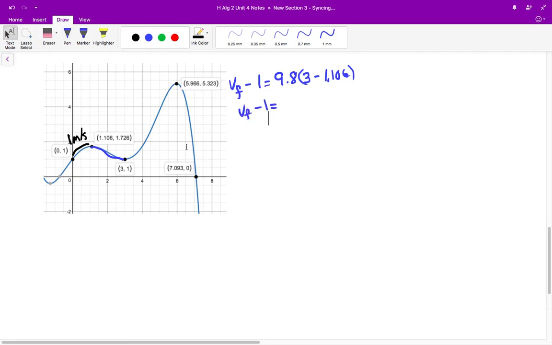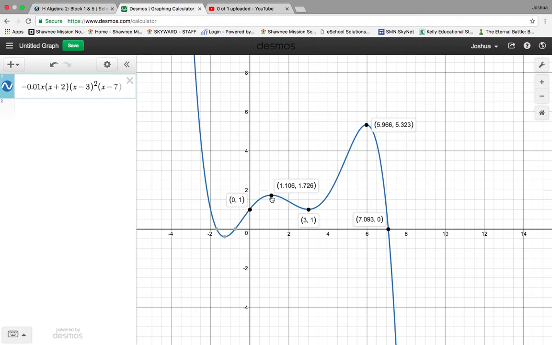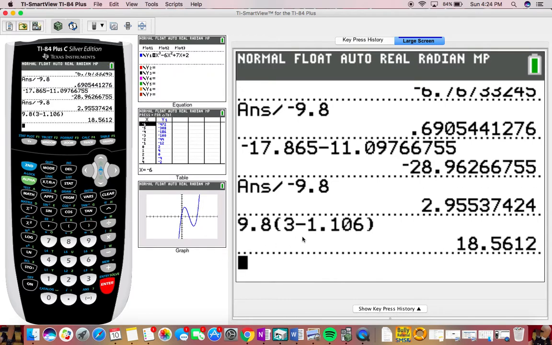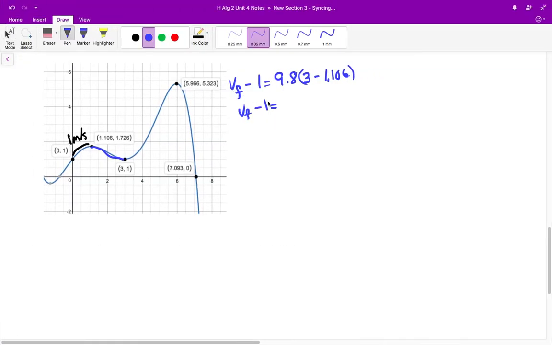Let's put that in: 9.8 multiplied by 3 minus 1.106 ends up giving you a positive 18.56. Then to solve for your final velocity, just add 1 to each side. So 19.5612 meters per second for that interval.